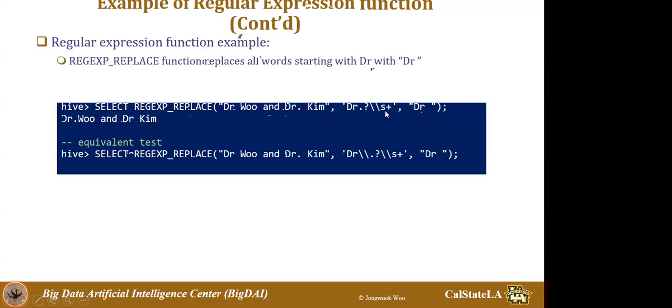After that, you can put a space that can occur one or multiple times. So it can find "Dr space" and "Dr dot space". And whenever you see "Dr dot space", you want to replace it with "Dr space". This is the standard that you want to use.